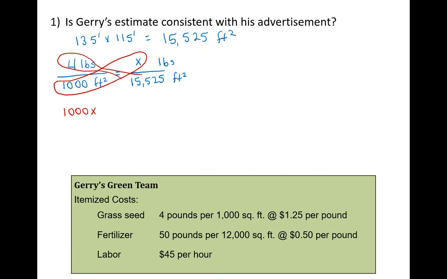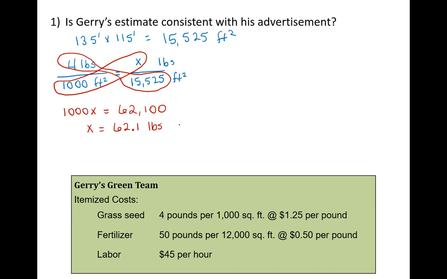This times this is 62,100. If we divide that, we get that X is about 62.1 pounds. So it's going to take about 62 pounds of seed.